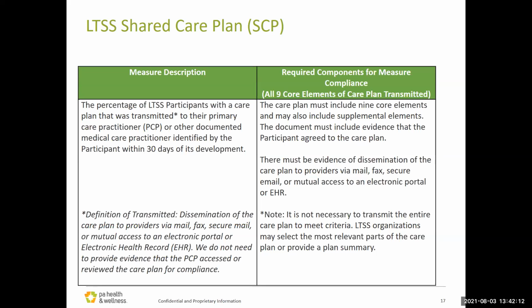I have the definition here of what means transmitted. The HEDIS operations team that abstracts the data, this is a piece of data that they collect. You don't have to share the entire care plan, but we have done as a matter of routine, so that's not really an issue here. So that's it with that measure. It's a relatively simple measure. We just need to show proof that we uploaded the care plan.